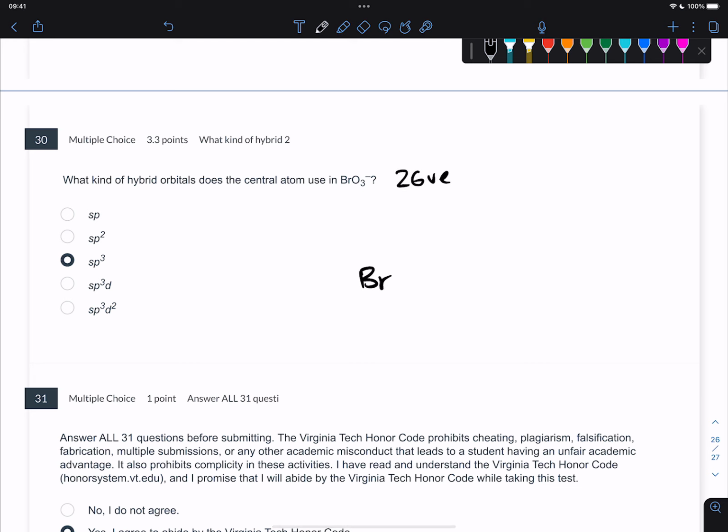Put the Br in the middle and spread your O's out however you want, because that part is not particularly important. Of my 26, I've so far used none, so let's bond them once: 1, 2, 3, 4, 5, 6. All right, so I've used 6, which means I have 20 remaining.